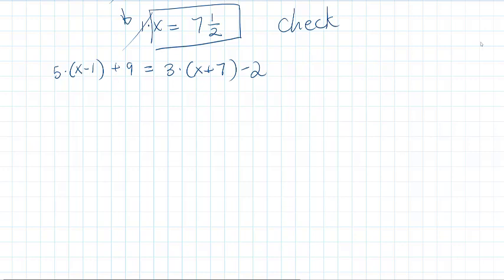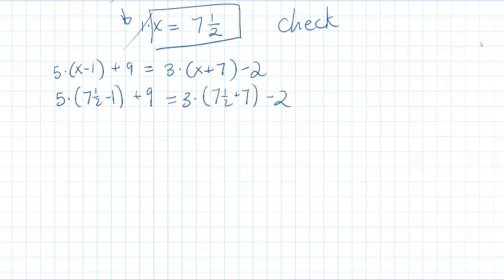For x, we'll write 7.5 instead. So 5 times 7.5 minus 1 plus 9 equals 3 times 7.5 plus 7 minus 2. Okay, 7.5 minus 1 is 6.5. And 7.5 plus 7 is 14.5.